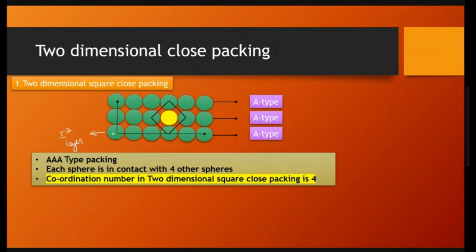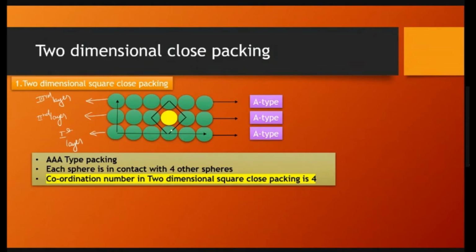A similar layer I'm going to place right above the first layer. So this is the second layer. I have placed the second layer exactly above the first layer. And the third layer is exactly placed right above the second layer, right?